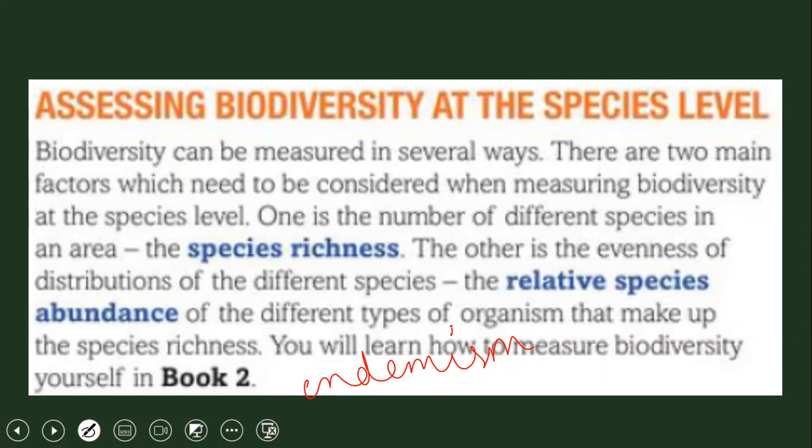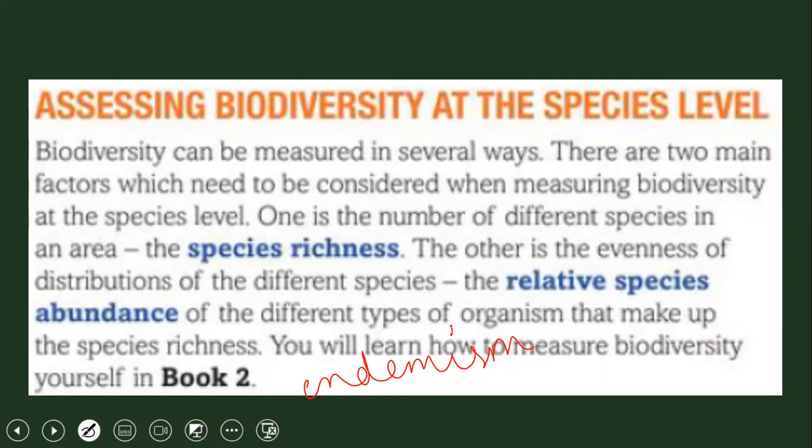So endemism is another way of measuring biodiversity, right? There are lots of different animals that are unique to certain areas or to certain countries, right?